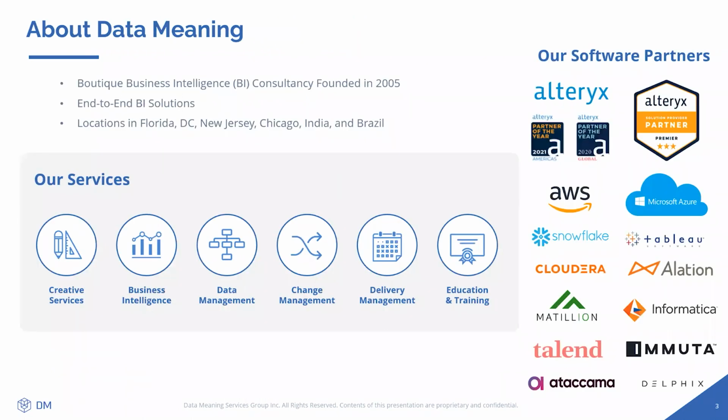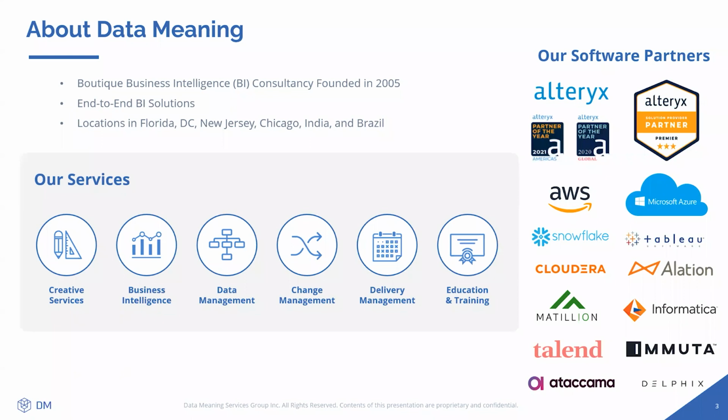Just an overview here about Data Meaning. These are our services: we provide creative services, business intelligence, data management, change management, delivery management, and education and training. We provide solutions on all the software we see here in those logos, like Alteryx, Tableau, Snowflake, AWS, Azure.